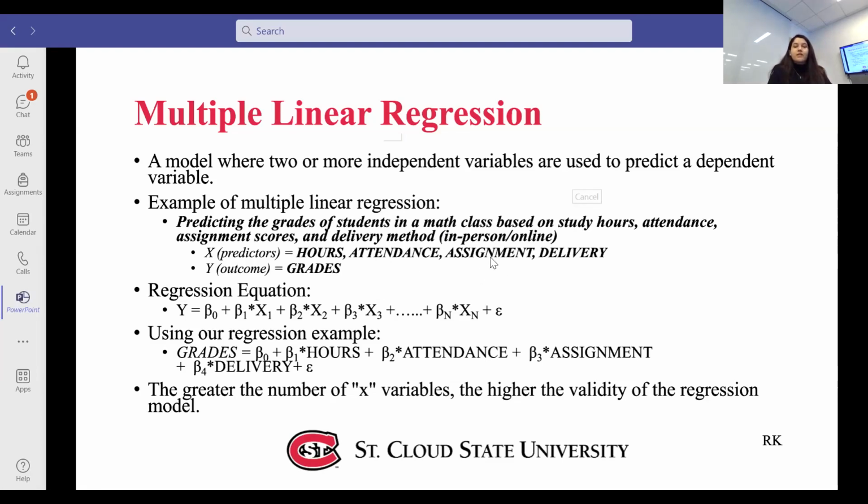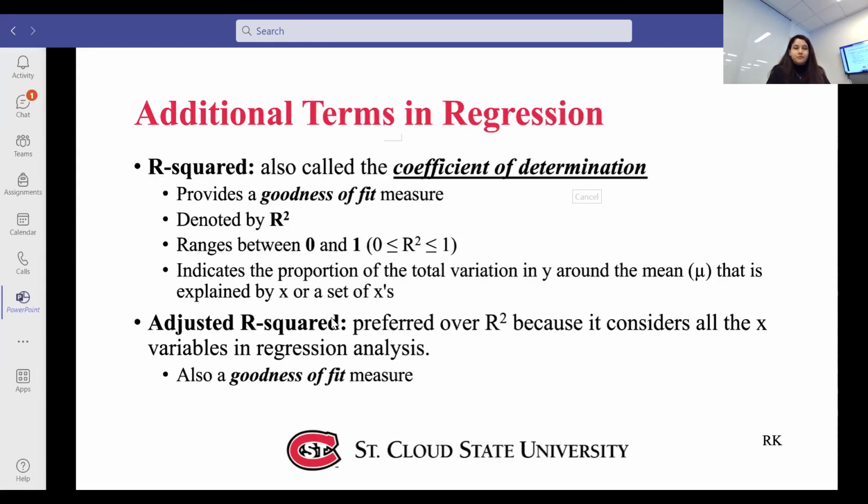So we have 4 independent variables here and 1 dependent variable, that is grade. So we model the regression equation as in simple linear regression, but we have multiple slope coefficients, beta coefficients, and multiple independent variables. So the process is the same as the linear one.